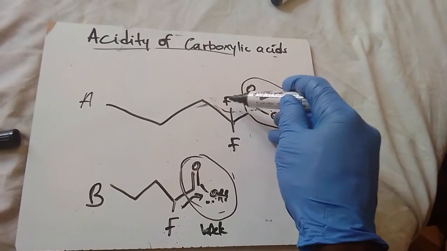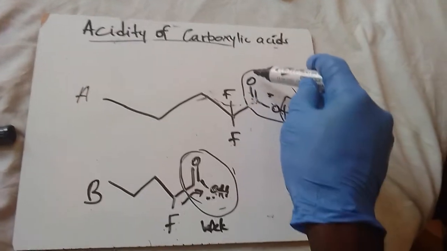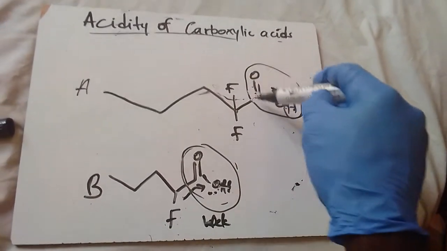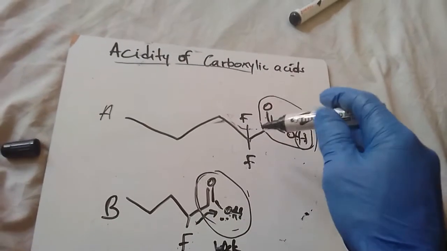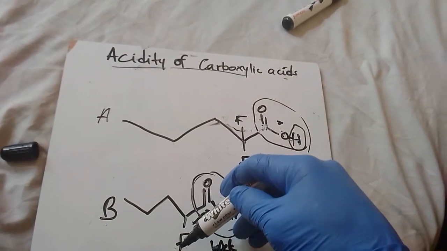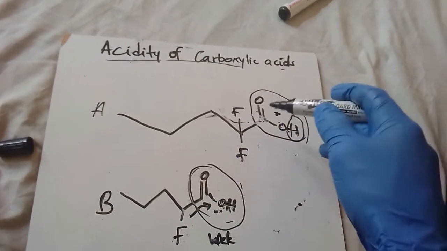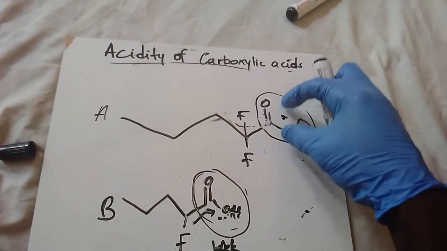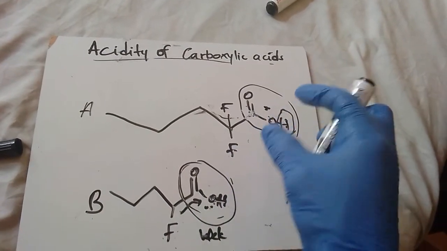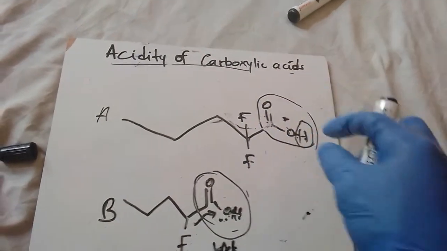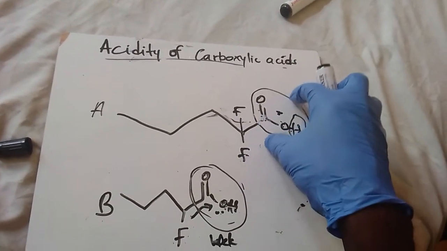This one exerts more force of induction, more electron withdrawing force on the carboxylate group than this because they are two, double, and here's only one. So there is more electron pulling exerted on this carboxylate group than this. If there is more electron pulling strength on the carboxylate group, it makes that one more acidic.